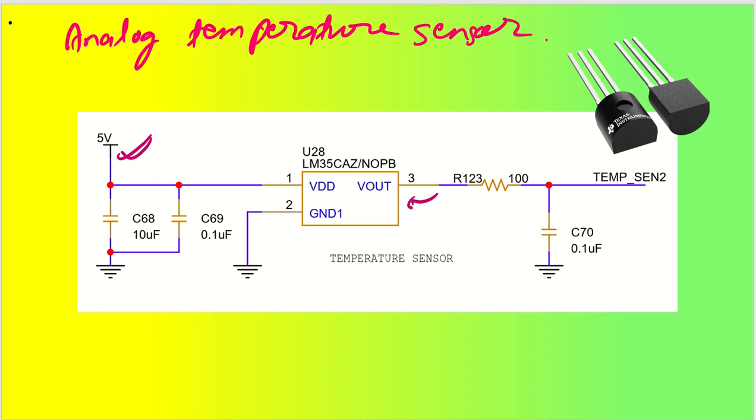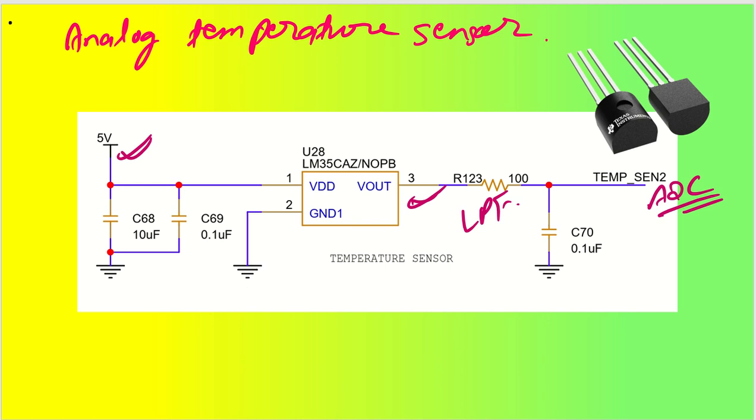They give an output voltage which can be directly connected to your ADC, either the microcontroller's ADC or an external ADC, to measure the analog voltage, and based on that you can decide the temperature of your device. This is also an LPF, a low pass filter, that has been designed here to do that job. So this is all about the temperature sensors that we have attached in this microcontroller circuit design.